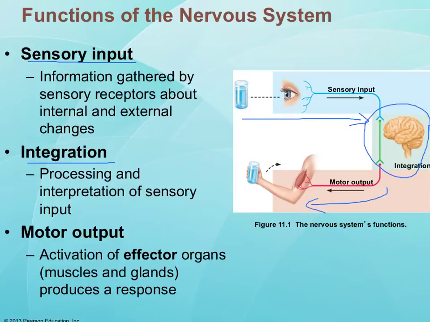That's a motor output, and it activates the effector, which in this example is the muscle on the arm and forearm to grab this cup of water and move it to your mouth to drink it. So that is motor output, which controls your muscle. That is the whole process of the function of the nervous system.